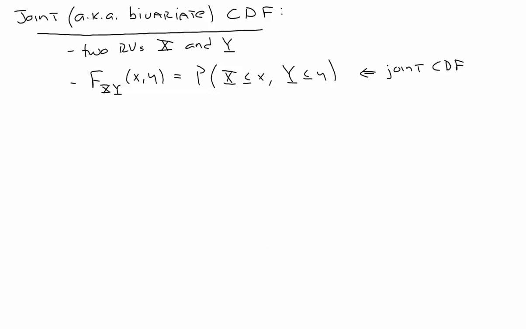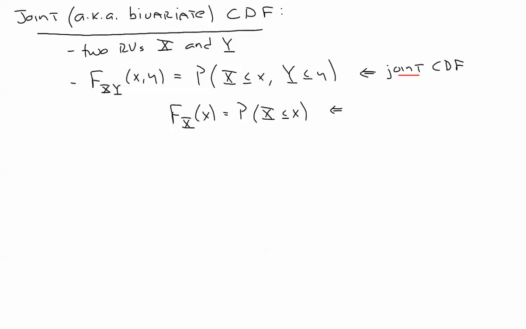Remember, for a single random variable, my cumulative distribution function looked like that. We'll come back to this just in a little bit, but if I consider two random variables together, we use the word joint.